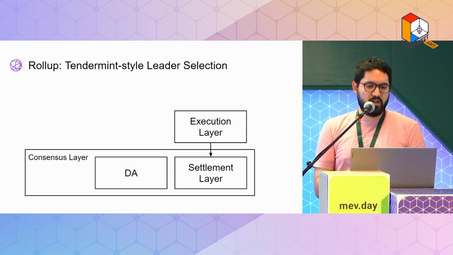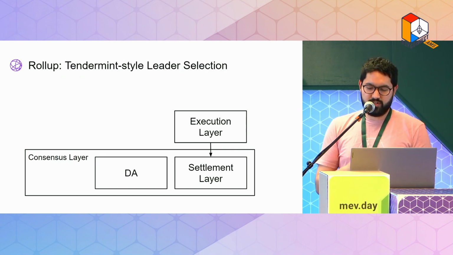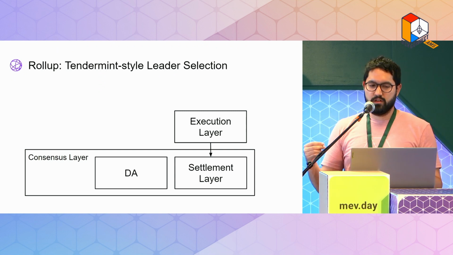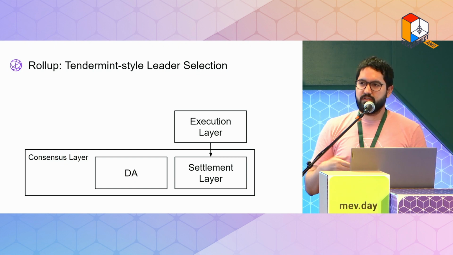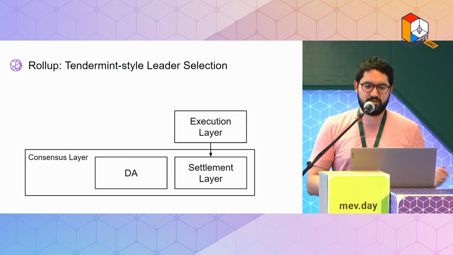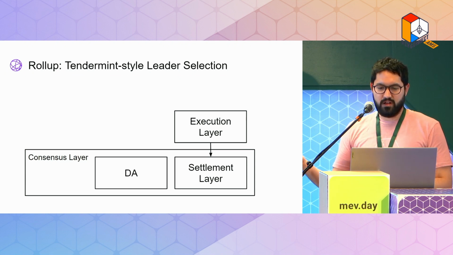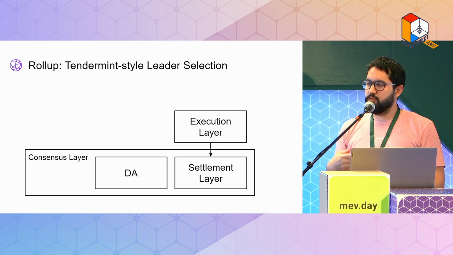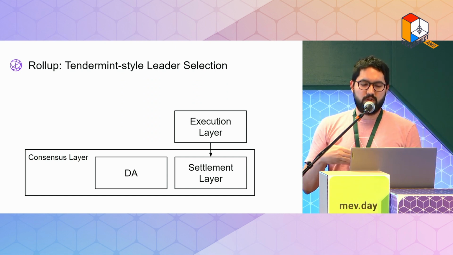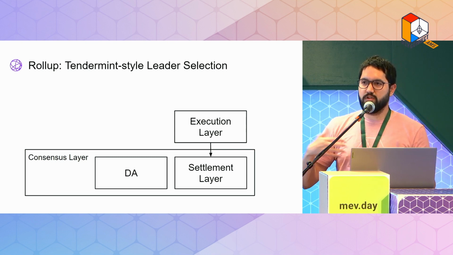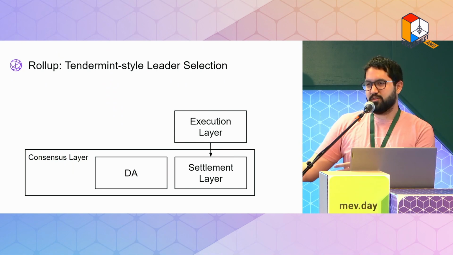Okay, let's do something else. We can think of a Tendermint style leader selection protocol, right? So this is something like, imagine you have some tokens, you have some stake weighted thing, and after that you just rotate around the leaders on different slots. In this case, the actual deciding on who is a leader runs in a smart contract, but beyond that, the base layer doesn't have the ability to, for instance, reorder transactions to insert themselves to be the leader.